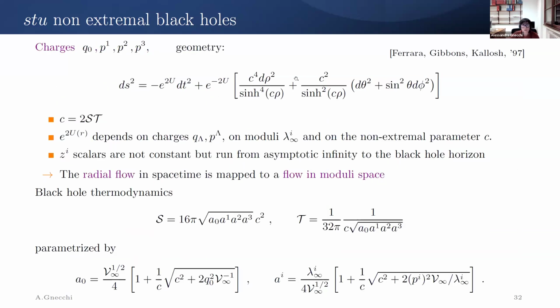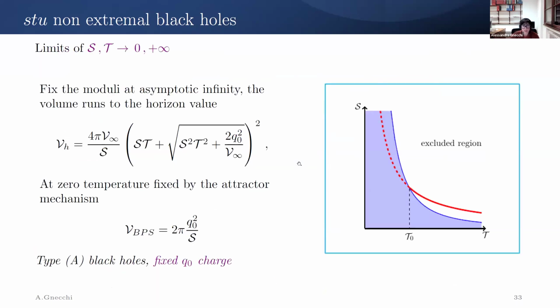because of the structure of the metric, what's happening to the scalars is that they are fixed. They depend on the charges and the moduli at infinity. In such a way that I can write the volume of the 6-dimensional manifold that depends on the scalars at infinity, or at the horizon.